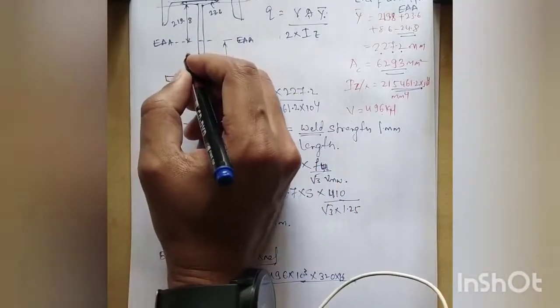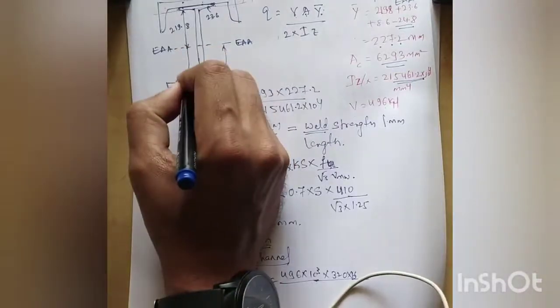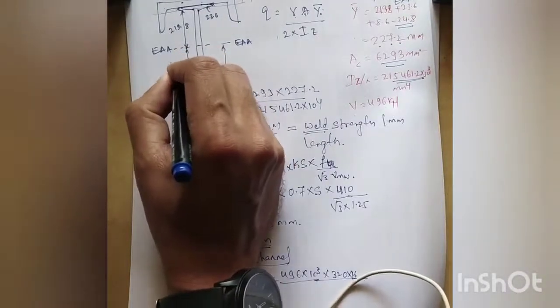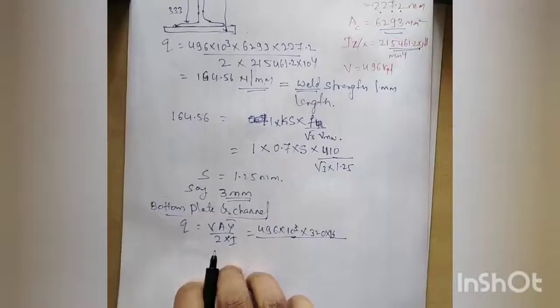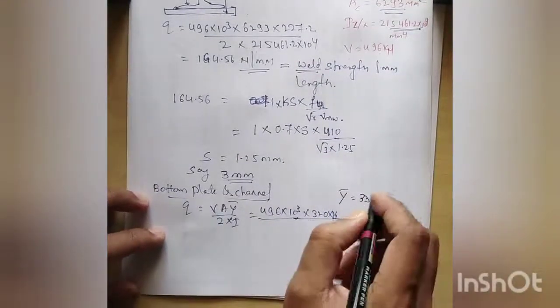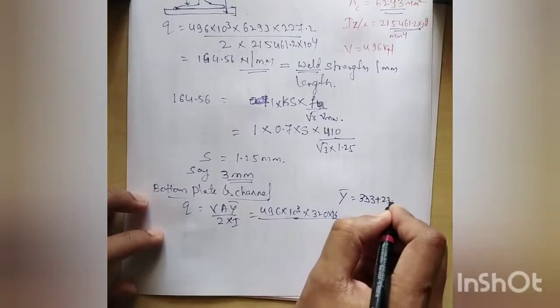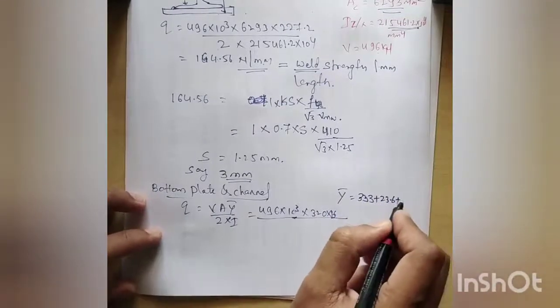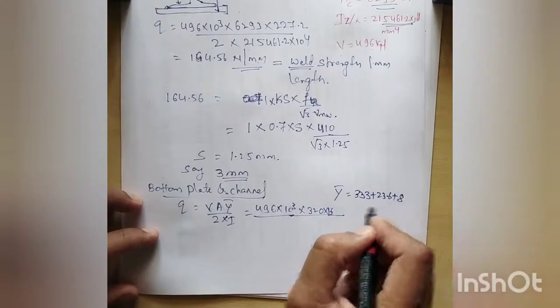Now if you remember, this value was 333. So now your y bar will become 333 plus thickness of flange 23.6 plus half the thickness of the plate, that is 8 mm.